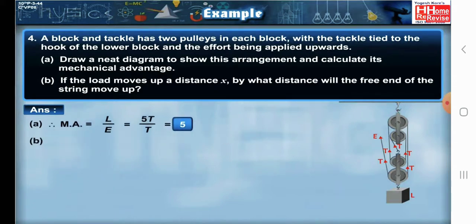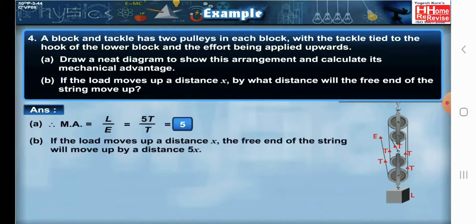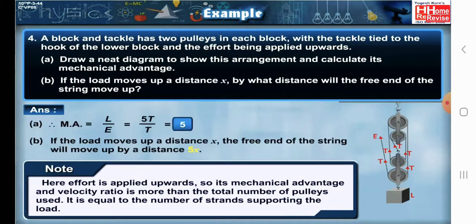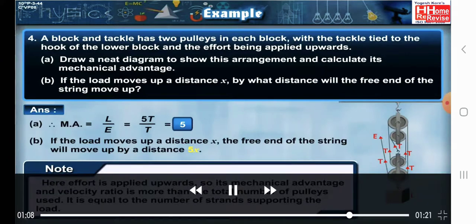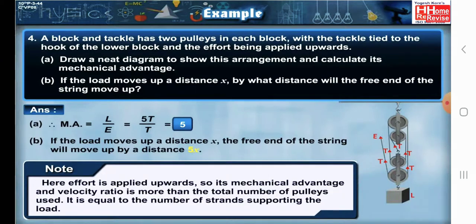B. If the load moves up a distance x, the free end of the string will move up by a distance of 5x. Note: here, effort is applied upwards, so its mechanical advantage and velocity ratio is more than the total number of pulleys used. It is equal to the number of strands supporting the load.